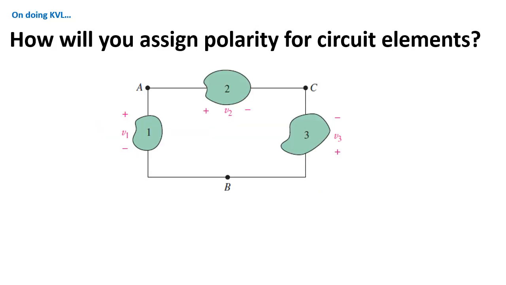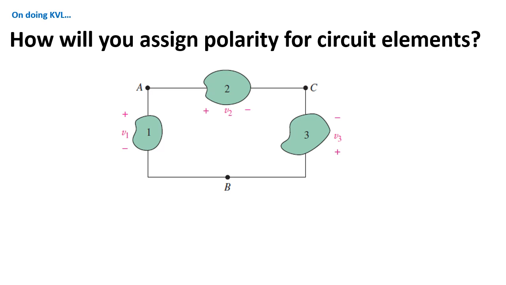Now, on applying KVL in a particular network, we have a very interesting question. How will we assign polarity for circuit elements? Remember, in the previous slide, we were given a network which already has V1, V2 with plus and minus signs in it.